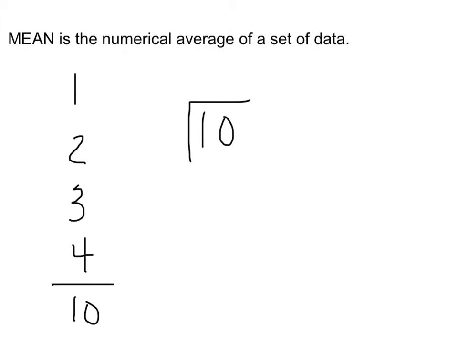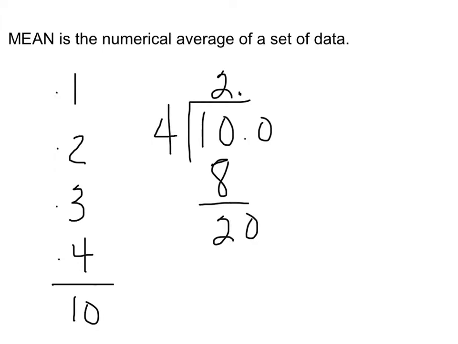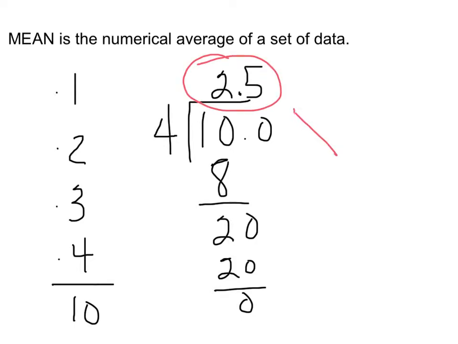We then take that total and divide it by the number of numerals in that set, in this case 4. 4 goes into 10 twice. 4 goes into 20 5 times. In this case, our average, or our mean, is 2.5.